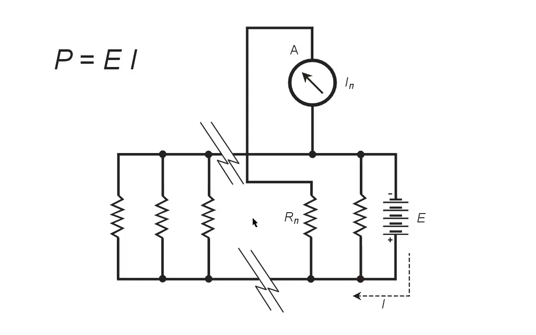We'd get a different current for each, but the total current I drawn from the battery by the entire combination is going to equal the sum of these individual I sub n's. So we could say that the total power is equal to the battery voltage times the sum of the individual currents through each one of the resistors.